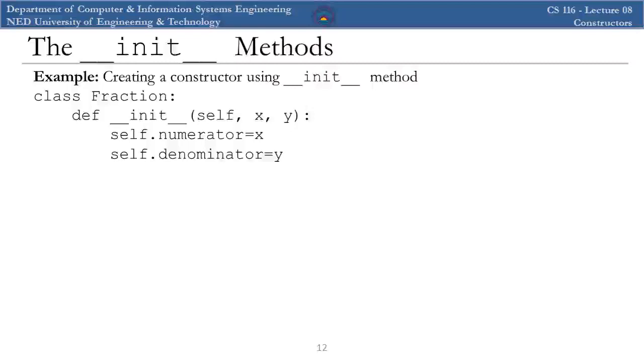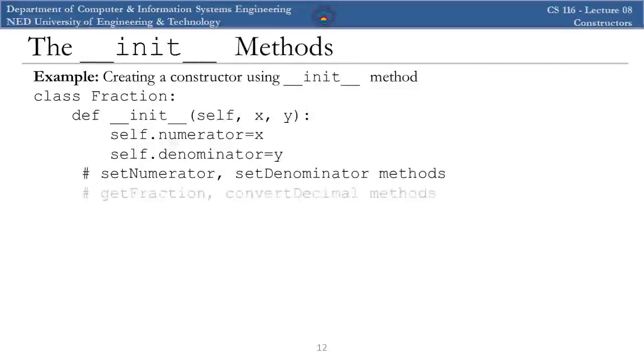So it's working almost the same way as our setter functions did, but the only difference is that this method will be called automatically upon instantiation. We do not have to call this method explicitly. The other methods are the same; I'm not mentioning them here to save space. One thing that you should note is that the order doesn't matter. You don't need to define this init method as the first method of your class. It could be anywhere in your class, right?